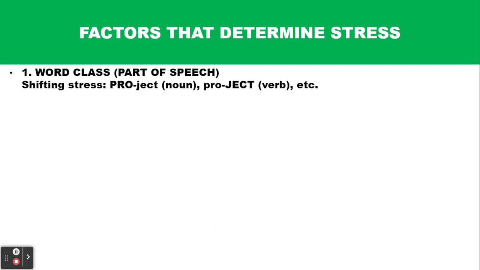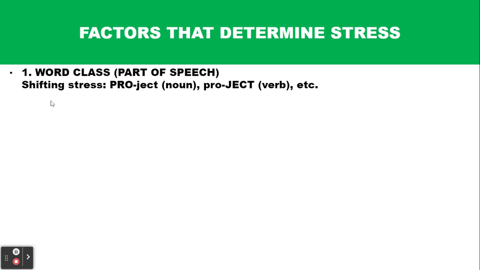You project an idea, all right? So that is about word class, that the word class of a word can determine where stress is placed on that word. And this is more noticeable in words of 2 syllables, okay?